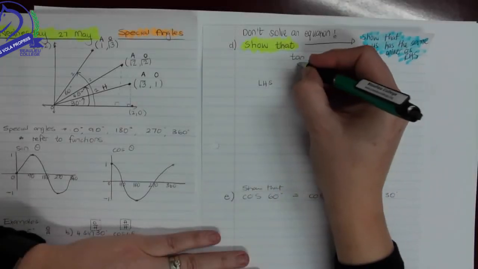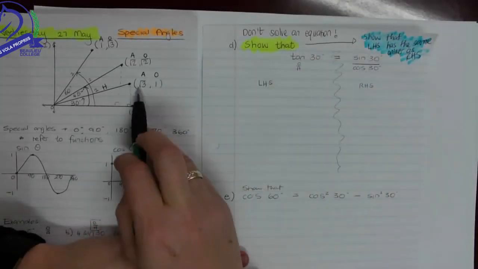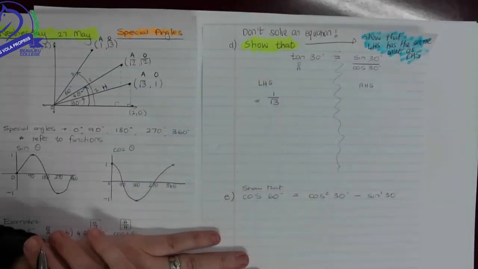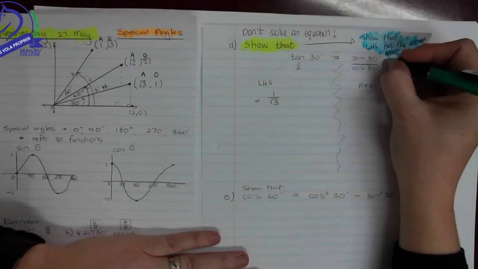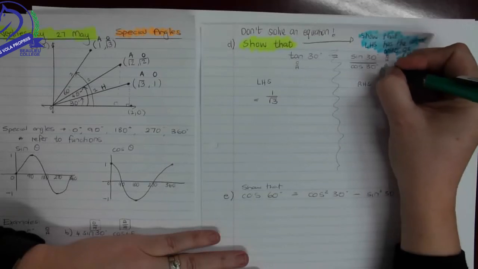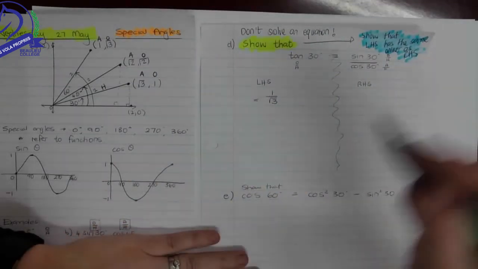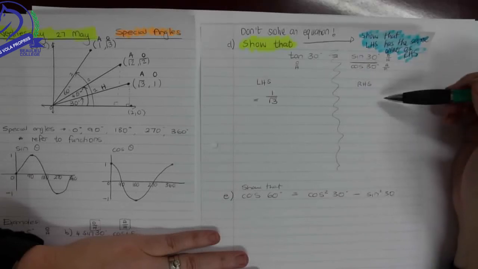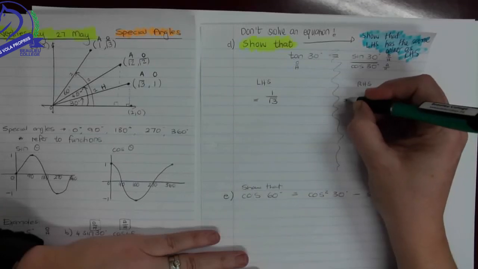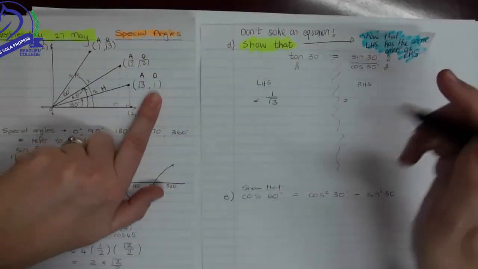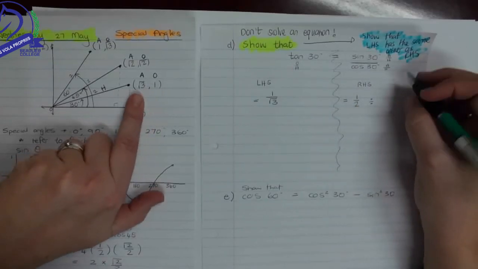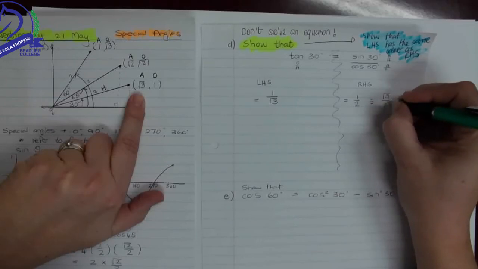So tan is O over A, and tan of 30 is then 1 over square root of 3. Sine is O over H, cos is A over H. Now the moment I have a fraction within a fraction, I write them next to one another. So O over H, we're working with 30, is a half over 2 must divide by root 3 over 2.